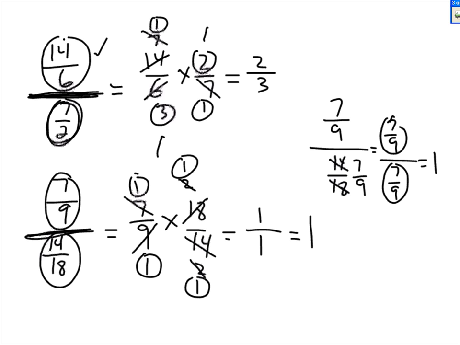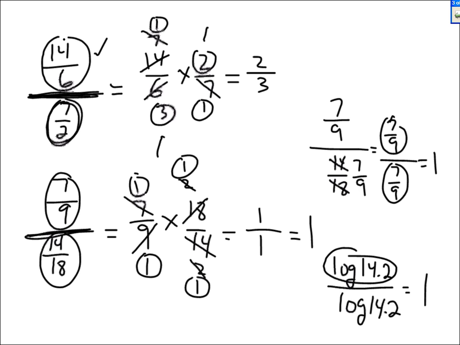If you divide the same two numbers, you get 1. Trust me, this is a number. Log of 14.2. It's a number. It is not 14.2. And if you divide it by that same number, 1.